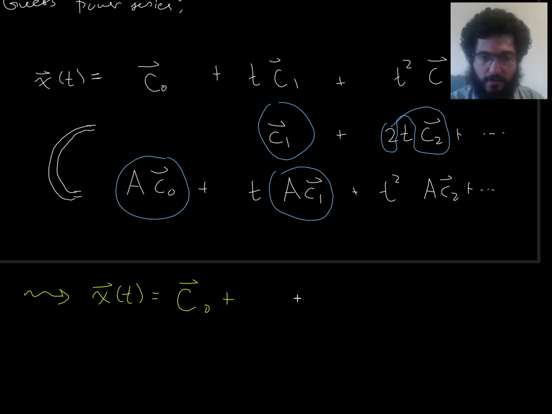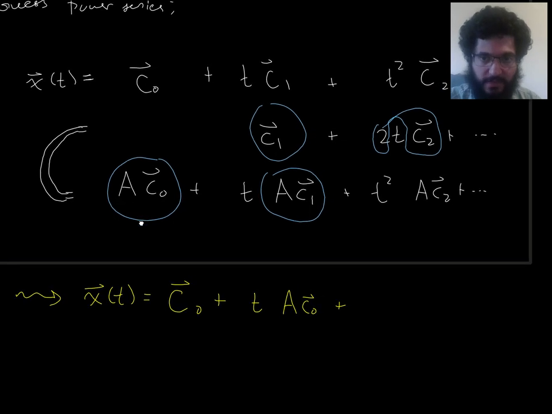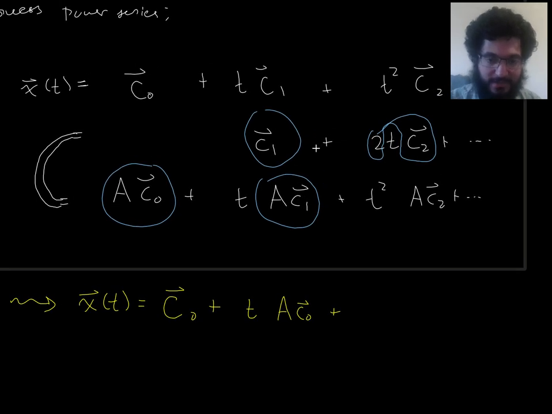And then t C1, that one should be, what was the rule? C1 is A C0, right? So here I have t A C0. And then t squared, my face is covering the index, t squared C2.